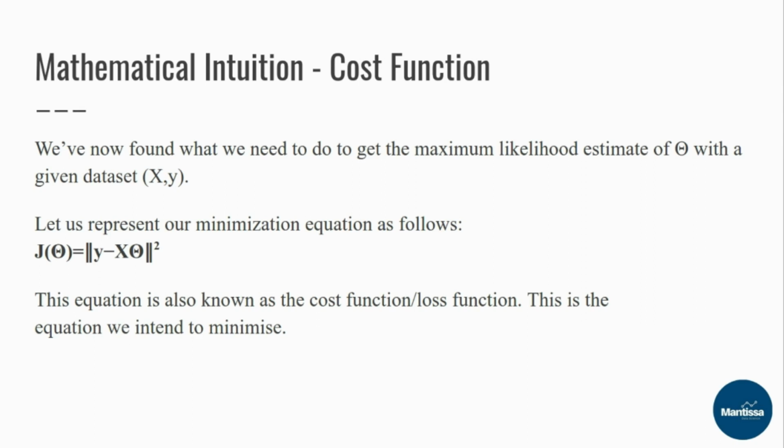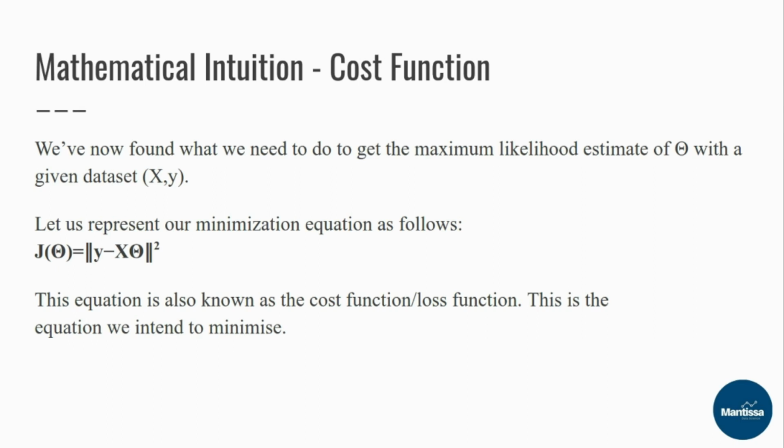That's what it says, right? This is what we want. We've been trying to find theta. We've been trying to find the maximum likelihood of theta given x comma y, and we've been seeing how we can do that. We started off with finding the maximum likelihood, then we went to the log likelihood, and then we've reached the loss function here.